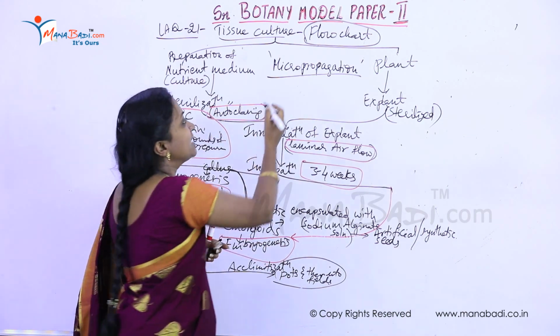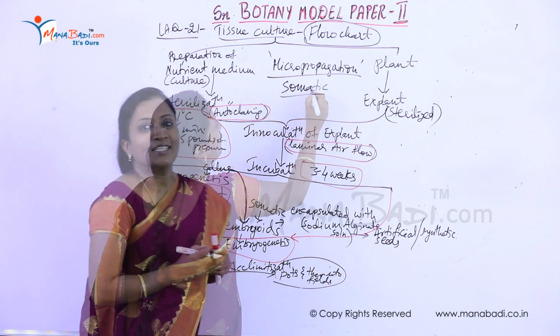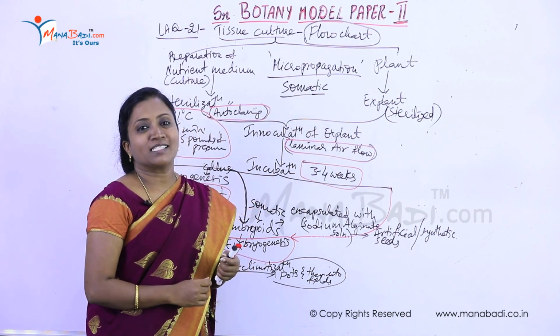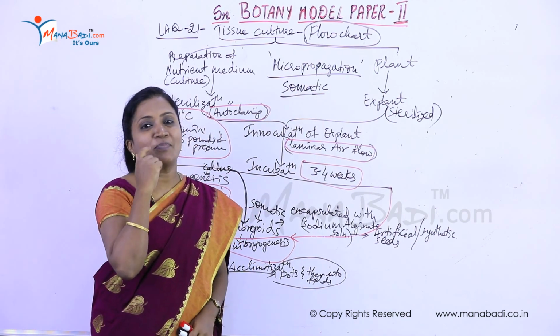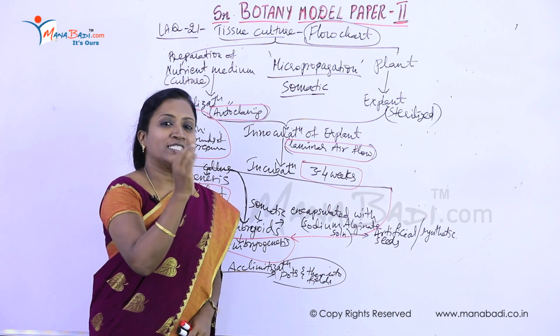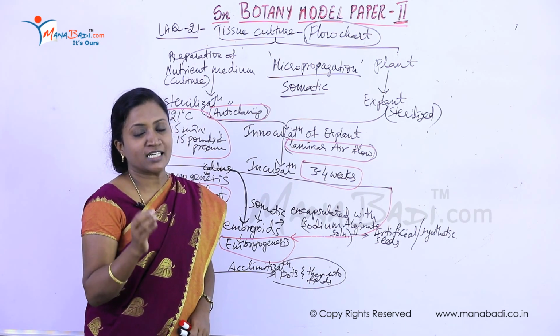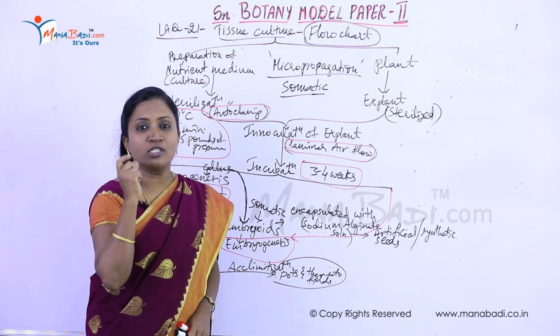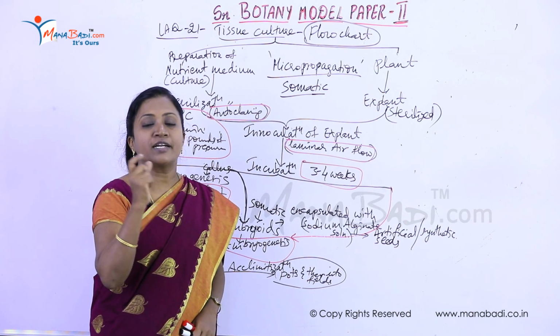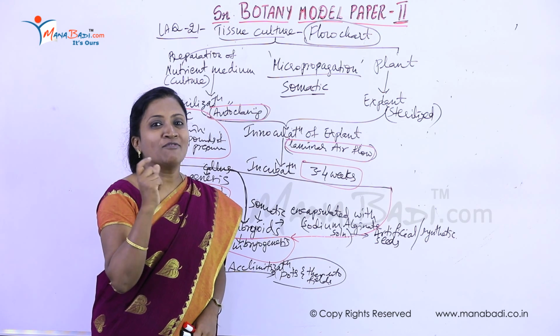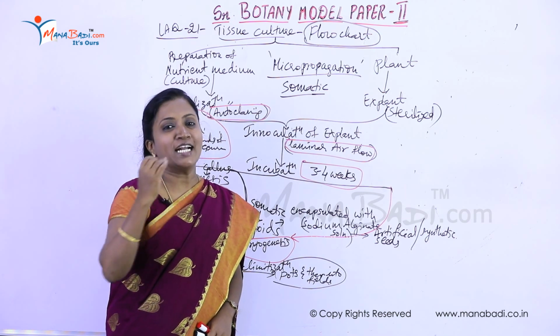And the plants which are produced are somatic plants, which develop purely from the vegetative cells. That's the word somaclones. Soma refers to vegetative cells.